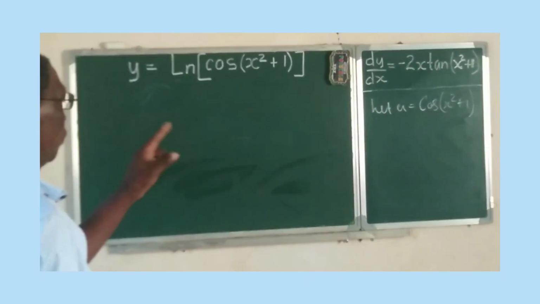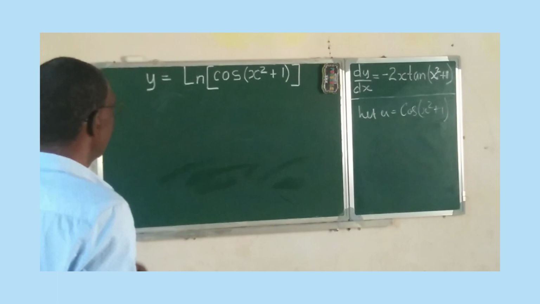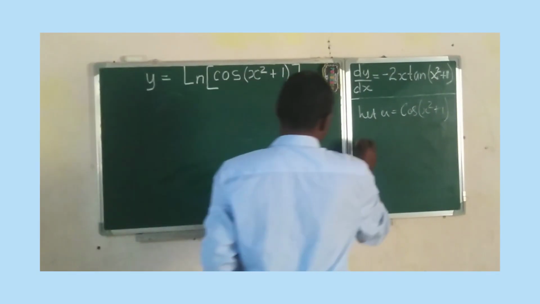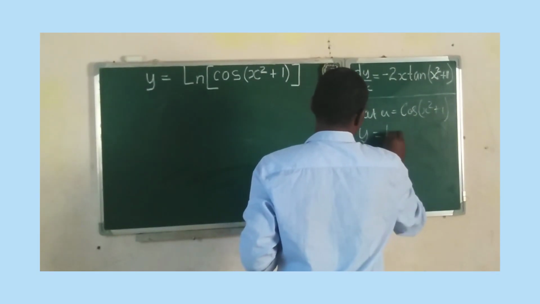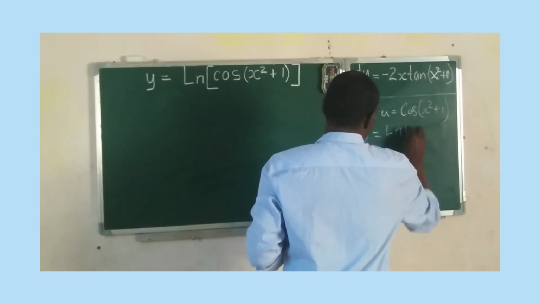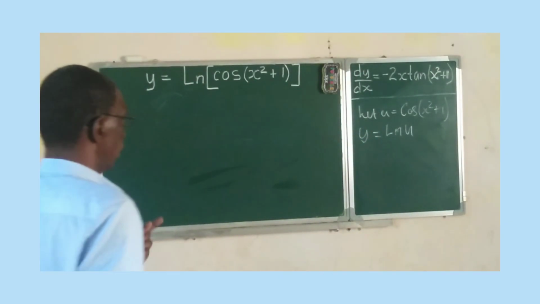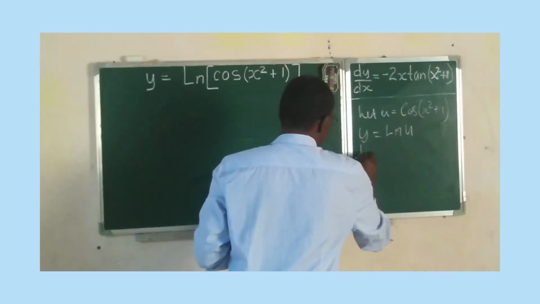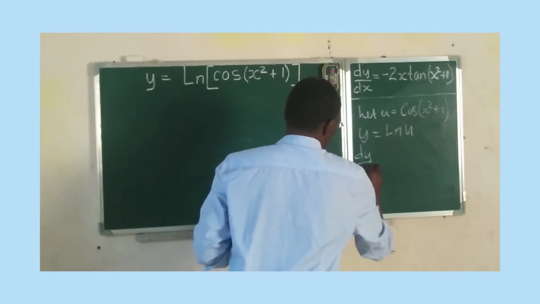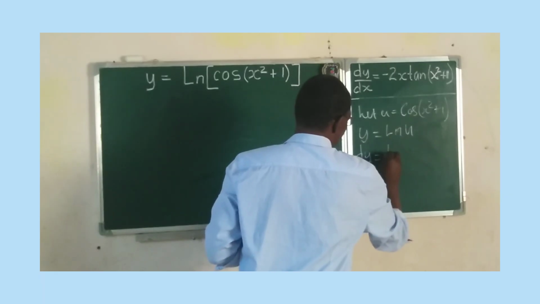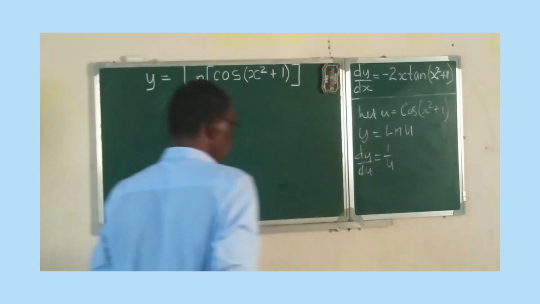So, if u is equal to cos of x squared plus 1, then y is equal to ln u. What is dy/du? dy/du is equal to 1 over u.